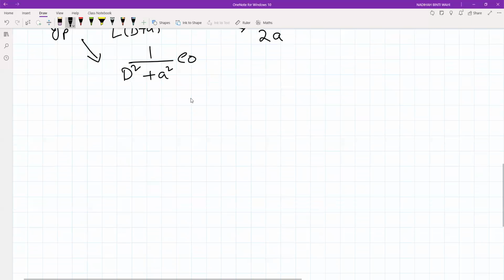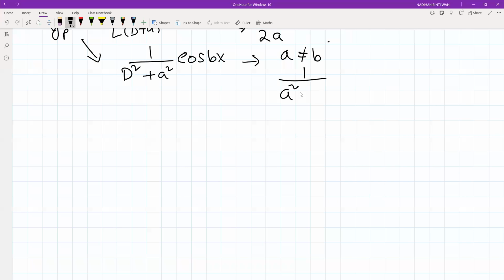Okay, sine. Cosine BX, same thing kalau kita ada A is not equals to B, so dia akan dapat 1 over A squared minus B squared of cosine BX.